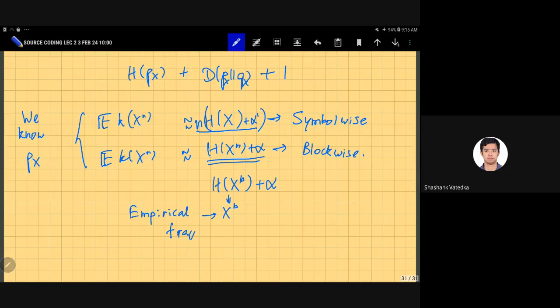So the goal in the next couple of classes will be to design compression algorithms which still get you a good enough expected length, or at least a small enough average rate, without knowing Px a priori. So we'll design so-called universal compression algorithms which work without knowledge of Px or Px^n and still get you close to the entropy. Okay.